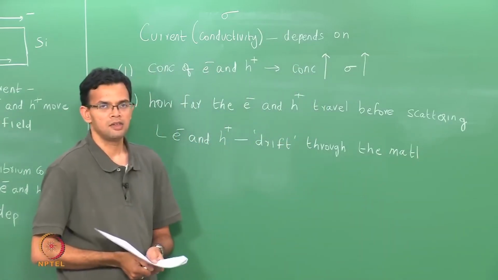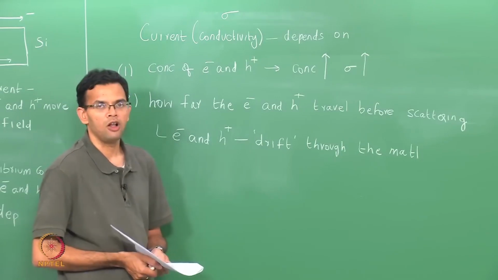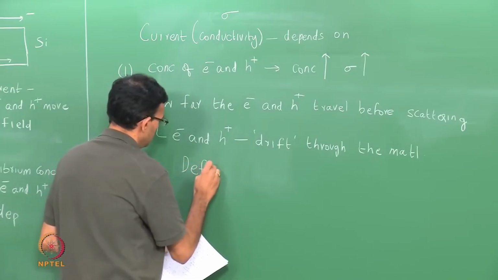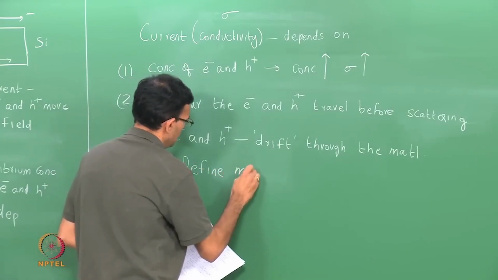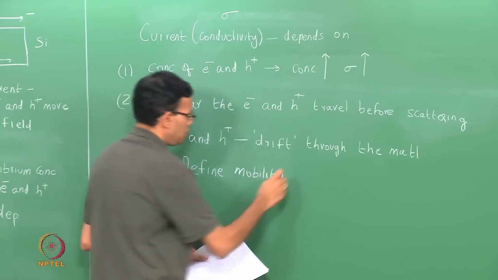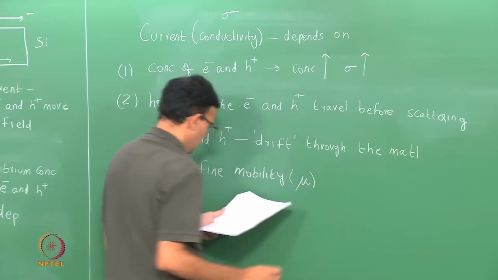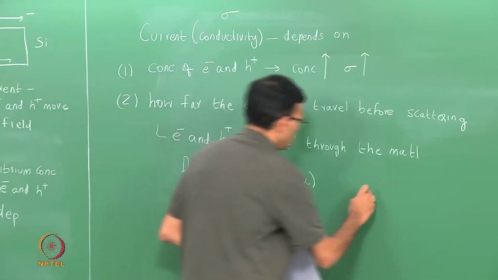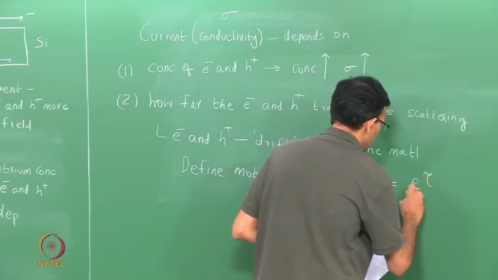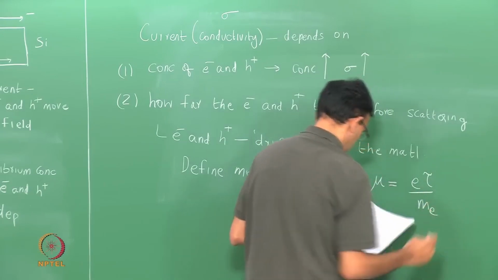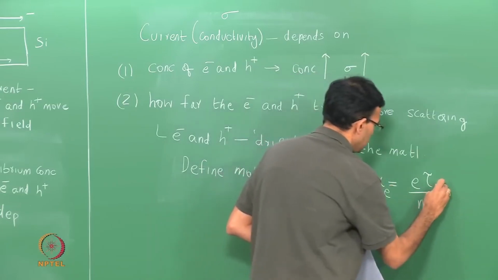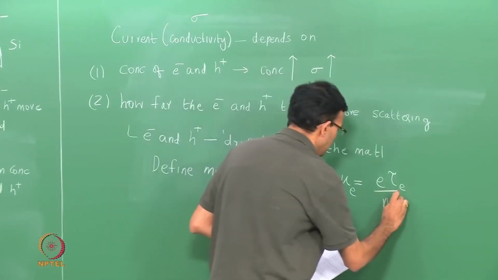To understand this, we define a quantity that we call the mobility. Mobility is denoted by the symbol mu, and if you are looking at electrons, you can say mu e is nothing but tau e over me star.